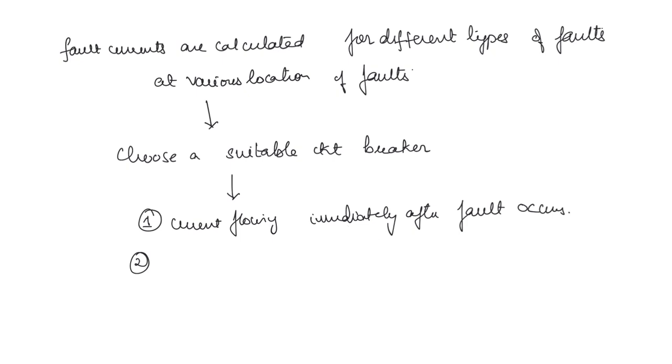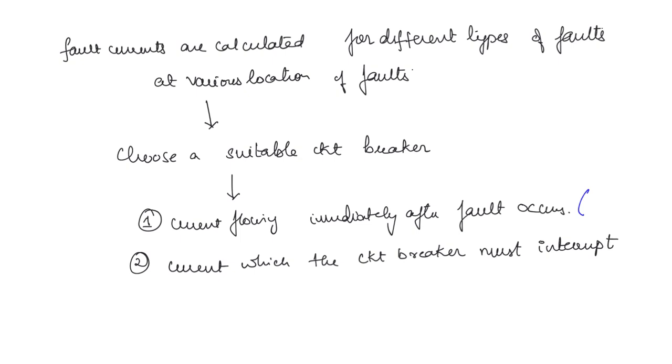So the choice of circuit breaker also depends on the current which the circuit breaker must interrupt. The current that flows immediately after the fault flows only momentarily, so only for a few moments the circuit breaker has to tolerate this current.